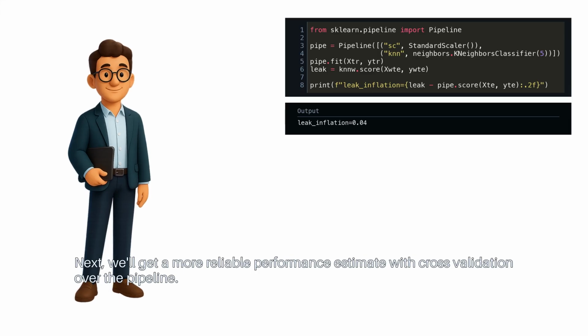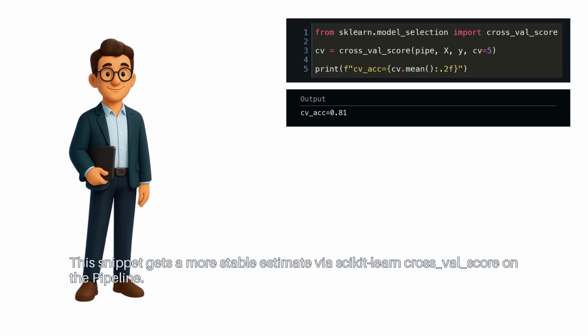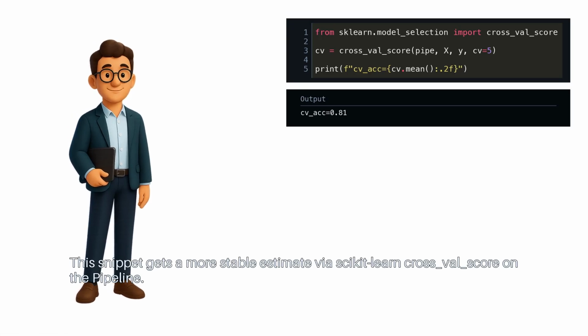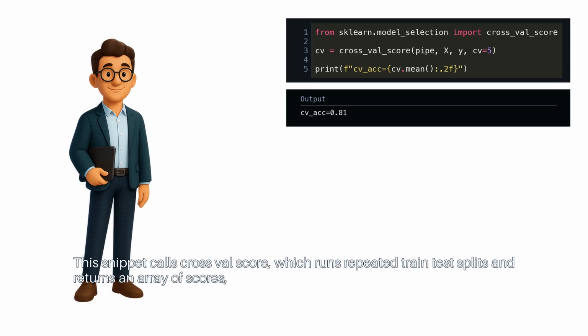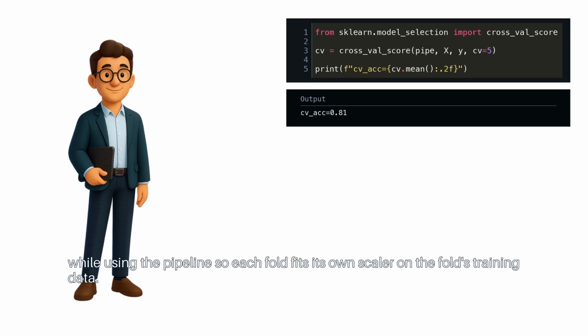Next, we'll get a more reliable performance estimate with cross-validation over the pipeline. This snippet gets a more stable estimate via scikit-learn cross_val_score on the pipeline. This snippet calls cross_val_score, which runs repeated train test splits and returns an array of scores, while using the pipeline, so each fold fits its own scaler on the fold's training data.